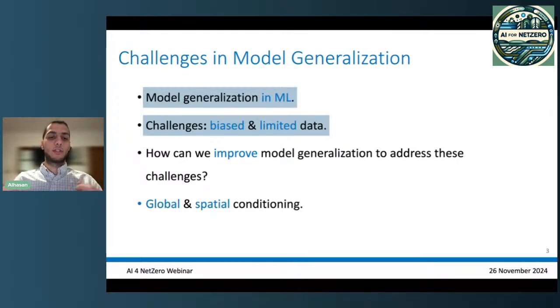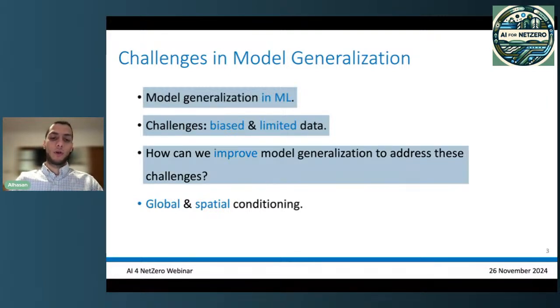These challenges could hinder the model's ability to condition properly on the observed data. So the question that we tried to answer in this project was, can we improve the generalization of the model if we are presented with these challenges?